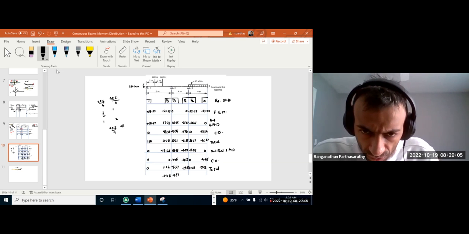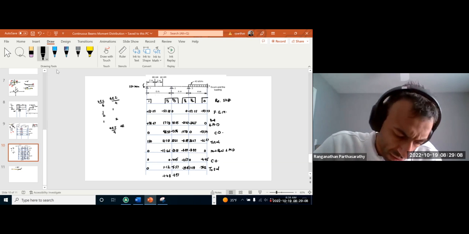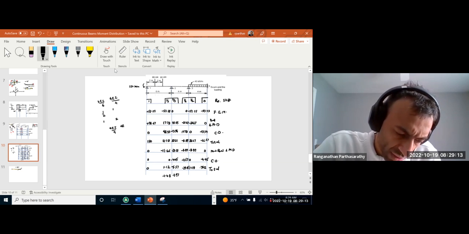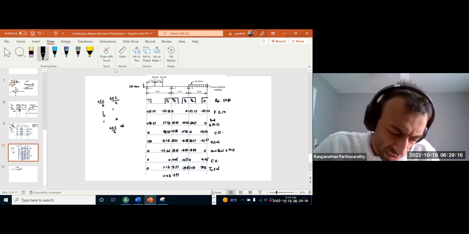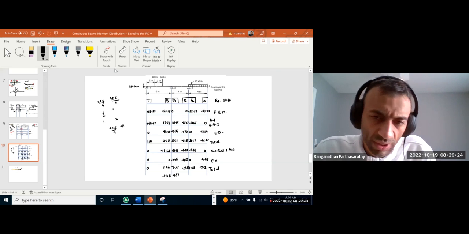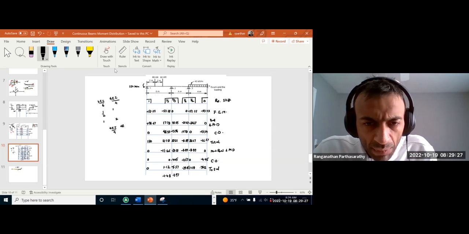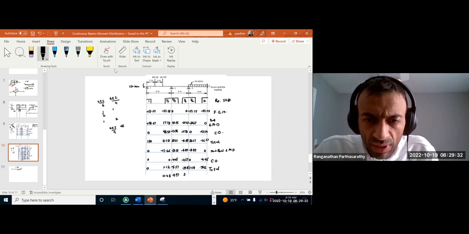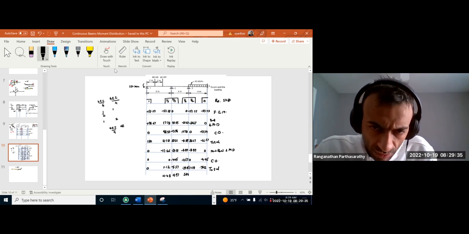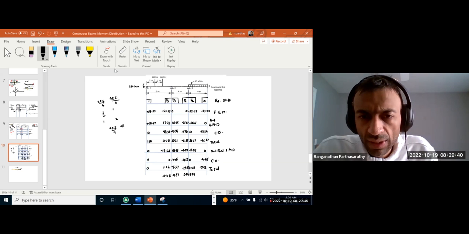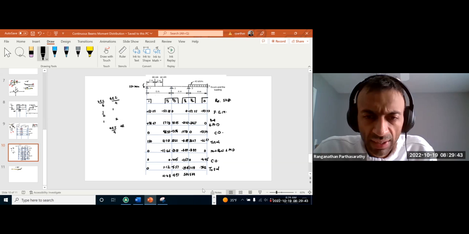Then here we have negative 29.45 and positive 17.78, negative 11.67, half on each side, so positive 5.84. These two should be positive 5.84 and positive 5.84.